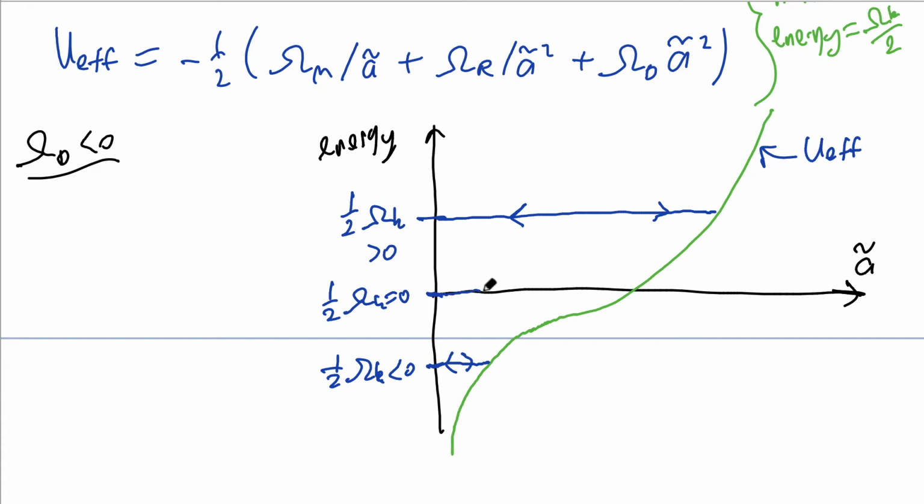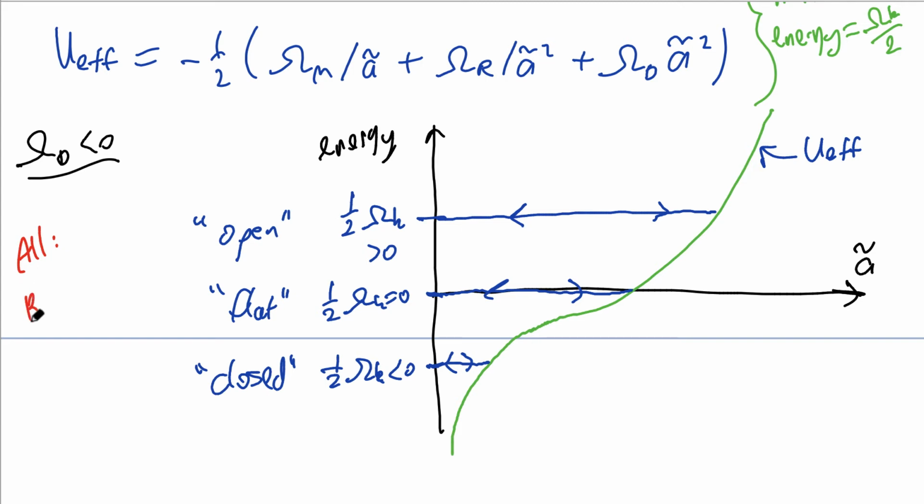Again, qualitatively the same behavior. Big bang, maximum expansion, then big crunch. And these correspond to the cases in which the universe is open, flat, or closed. Open and closed referring to the hyperboloid or the three-sphere. And a common feature of all these universes is that they all begin in a big bang and end in a big crunch.